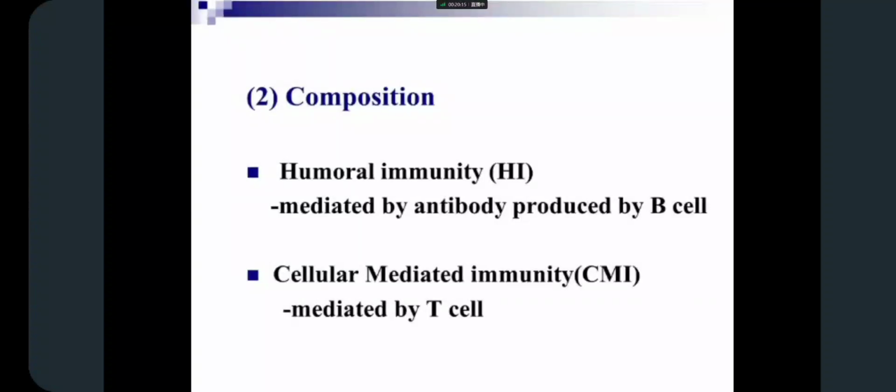Okay, that is humoral immunity and cell-mediated immunity. Humoral immunity, abbreviated HI, is mediated by antibodies produced by B lymphocytes. And cell-mediated immunity, abbreviated CMI, is mediated by T cells.